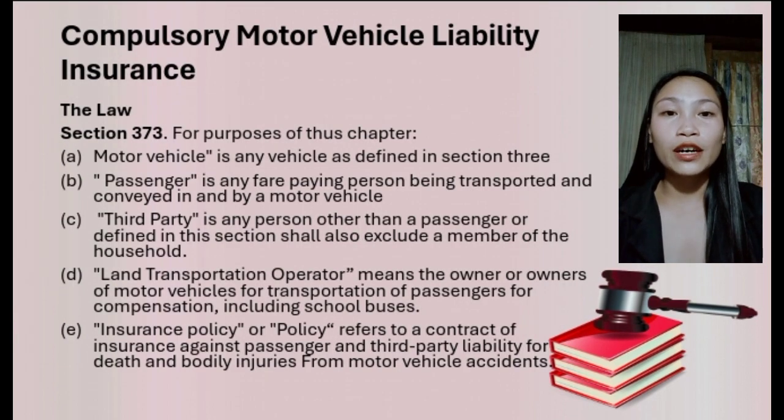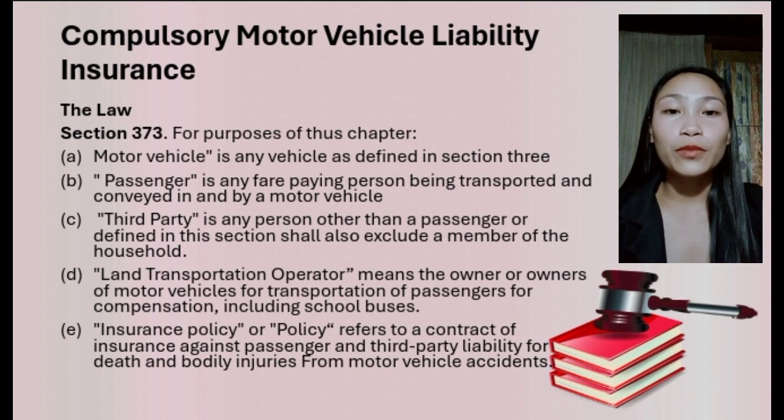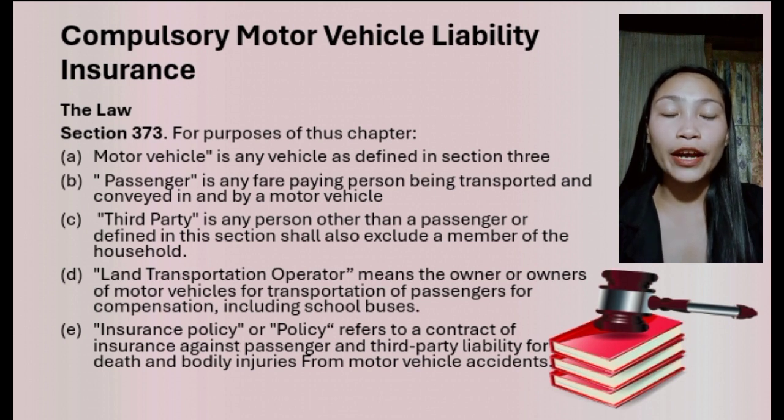Compulsory motor vehicle liability insurance. The law, Section 373. For purposes of this chapter, motor vehicle is any vehicle as defined in Section 3. Passenger is any fare-paying person being transported and conveyed in and by a motor vehicle. Third party is any person other than a passenger as defined in this section and shall also exclude a member of the household.